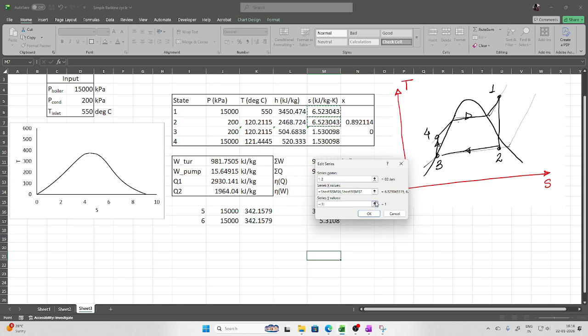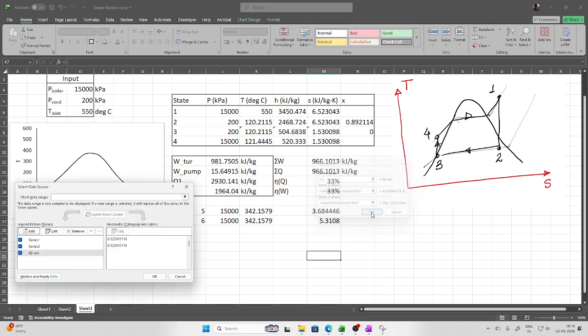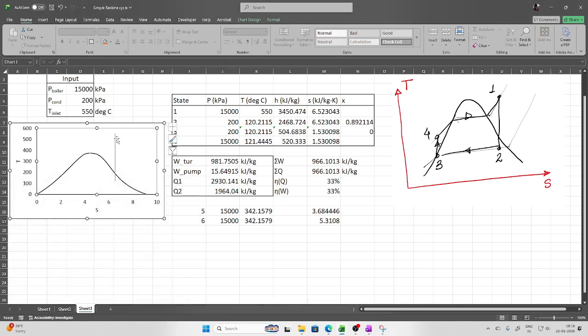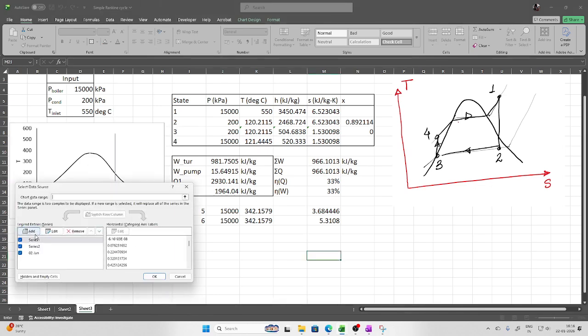Then y-axis, it is temperature. So T1 control. Oops, sorry, I have done it wrong. Again, I'll do it. So it is T1 and then T2. Okay. Now if you look, so this has come. Now 2 to 3, again select data. So add.